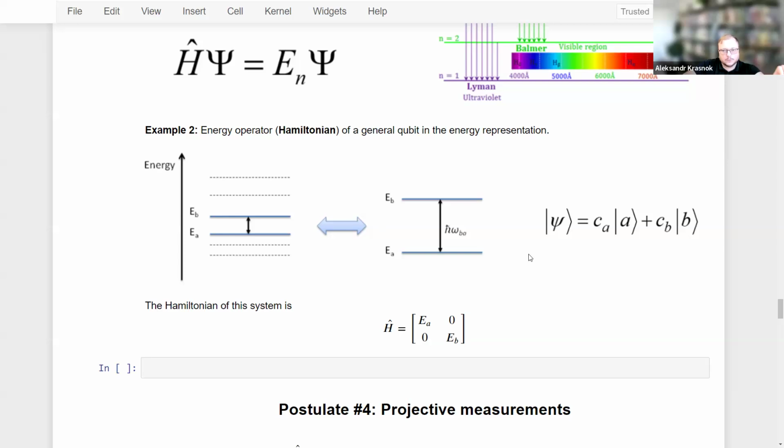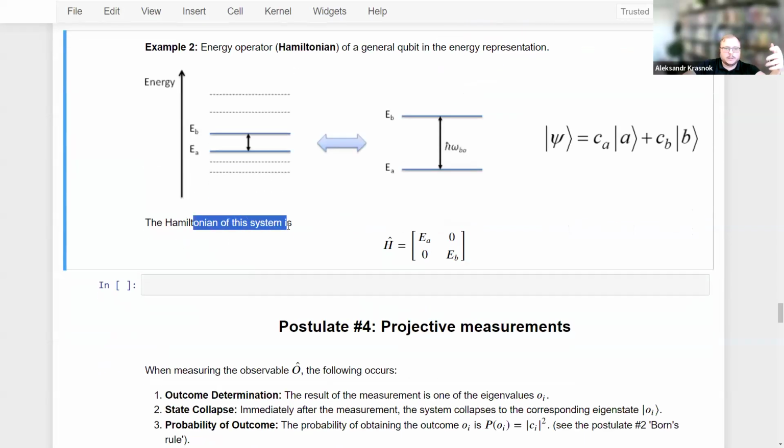A quantum system with 2 quantum states, and then the general state of this qubit will be given by the superposition principle, and the Hamiltonian in the energy representation, meaning that the energy operator is diagonalized, right? So the diagonal elements are simply the energies of the energy levels of these states.